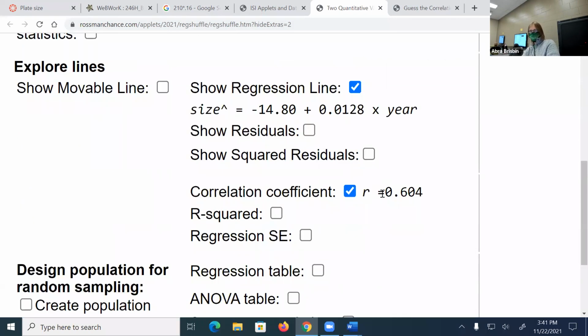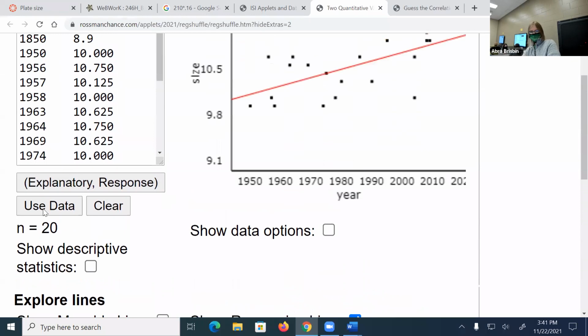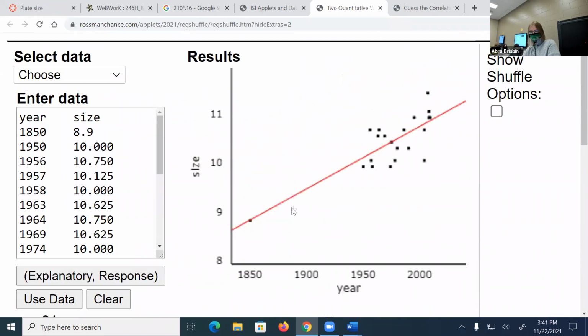So our correlation coefficient was 0.6, and our regression line had a slope of 0.0128. Now let's use the data again. And here's what our graph looks like now. So this point is definitely an outlier in terms of year and size. It's far away from the rest of the data in each of those two variables separately.